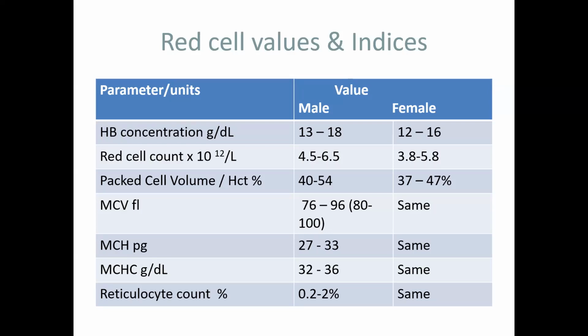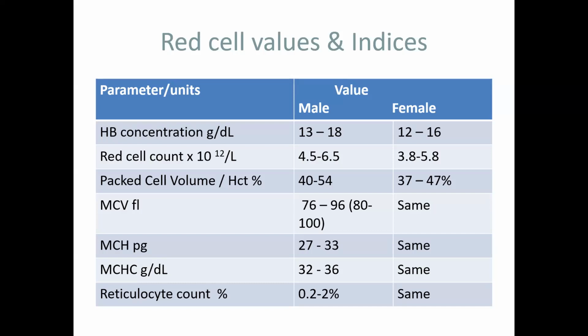Often, if you see the percentage for males, again, because they have more than females, it is 40 to 54, whereas for females it is 37 to 47. And this packed cell volume, if it's in a ratio, it is 0.4 to 0.54. So you just put a decimal point in front, okay?